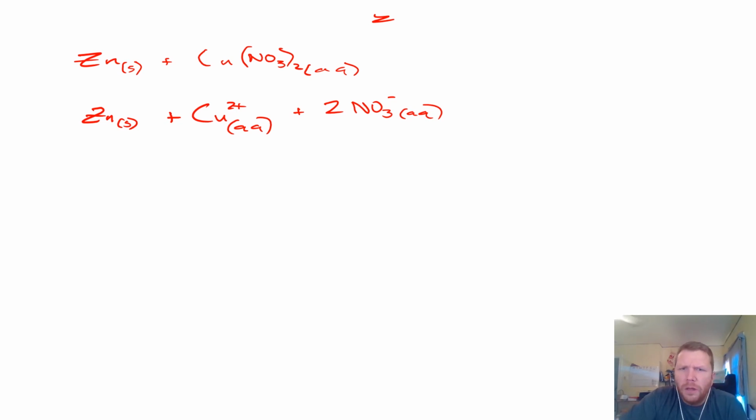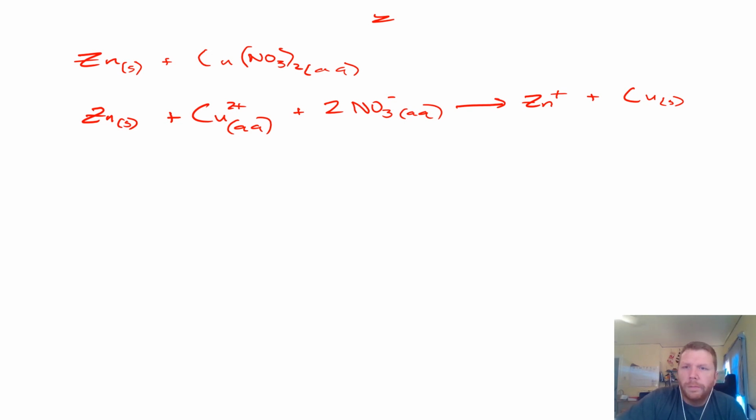On the other side, we're getting Zn2+, and we're also getting Cu solid. I'm not going to work to balance this entire reaction, but let's think about this in terms of each species.